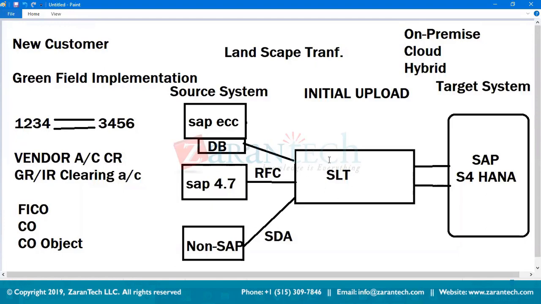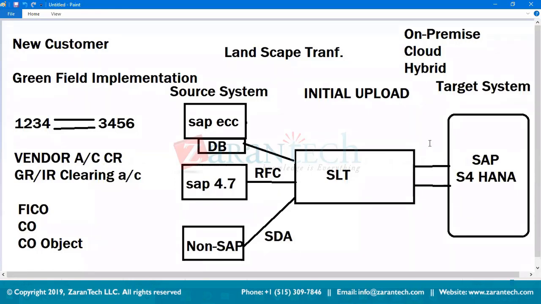Once the technical mapping has been successfully completed, the SLT will outbound this accounting transaction through an accounting interface, vendor account to GRIR clearing account, to my SAP S4 HANA.